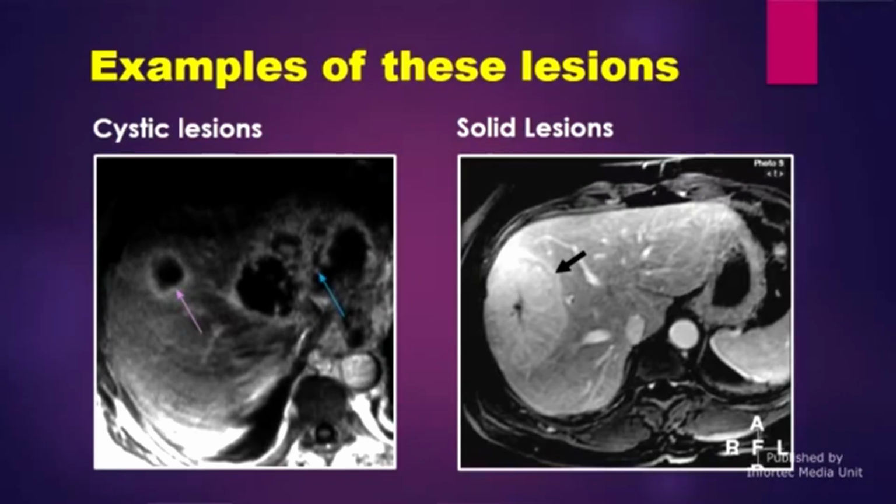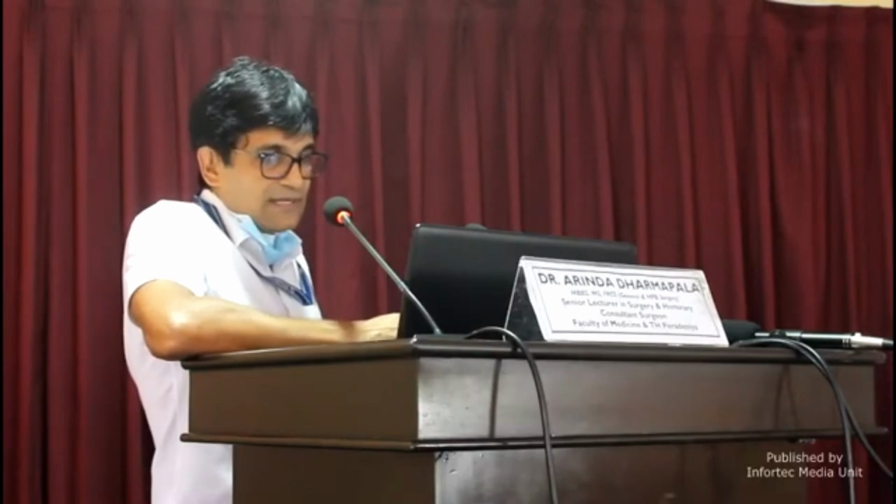And if you can remember hepatocellular carcinoma and metastasis as the commonest malignant lesions, that is more than enough. And then intrahepatic cholangiocarcinomas, which are within the liver capsule.